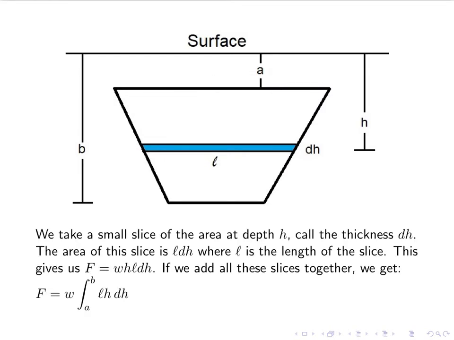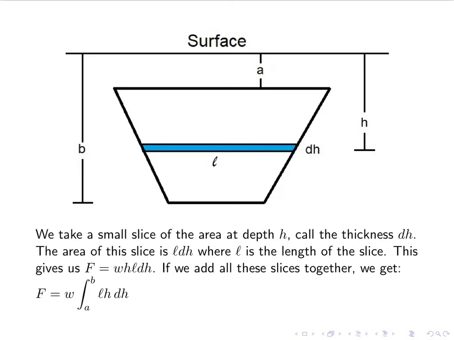So we take a small slice of the area at depth h. We'll call the thickness of that slice dh. Again, a small change in the depth. The area of this slice is L times dh. So it's a very, very skinny rectangle. So length times width is the area. So L is the length of that slice.